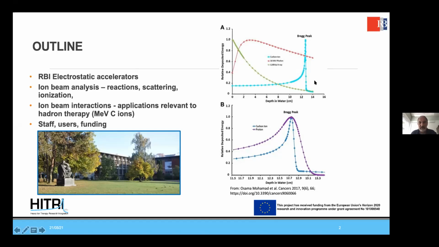And probably you saw these images of the Bragg peak and the distribution of the advantages of the carbon therapy and why we are here.